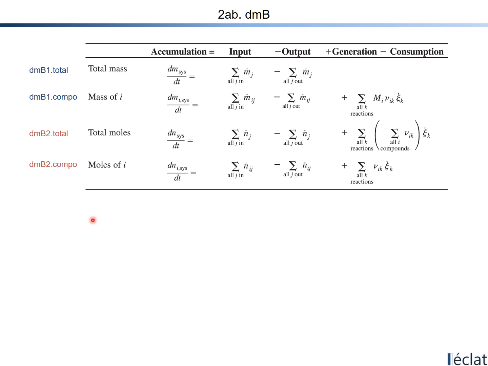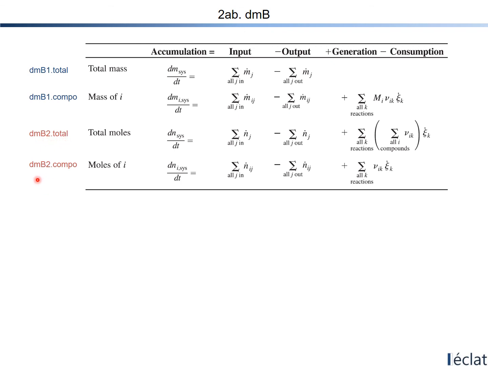This is the summary table for the differential material balance equations. The first one is differential mass balance equations for total amount. The second one is differential mass balance equations for each component. The next one is differential mole balance equations for total amount, or total moles.